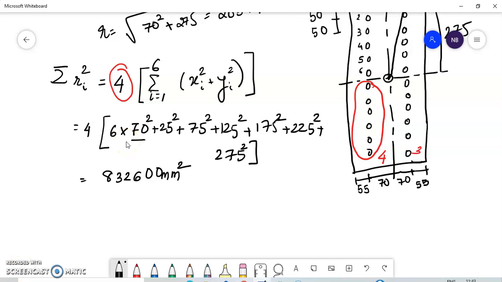So this value of 70 is xi, and it is the same for all the bolts in one group. So that is this distance. That is why I have directly multiplied 6. 25 square, 75 square, this keeps on increasing for each of the bolts. So this is 25, this is 75, this is 125, and so on. Okay, so next we need to find out the force in extreme bolt.